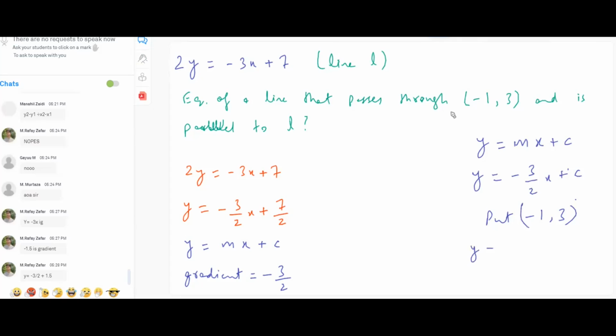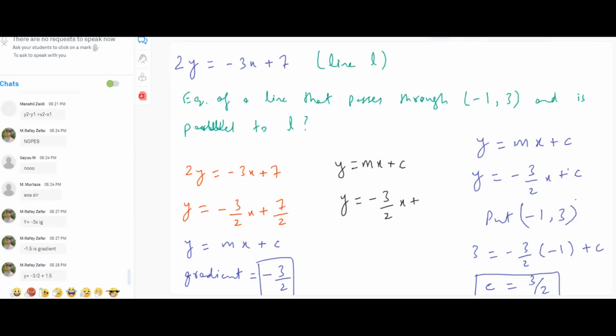We get 3 equals minus 3 over 2 into -1 plus c. यहाँ से c की वैल्यू आ जाएगी 3 over 2। Now you had the gradient, you also found the y-intercept, so the equation of the line is y equals mx plus c, which is y equals minus 3 over 2x plus 3 over 2.